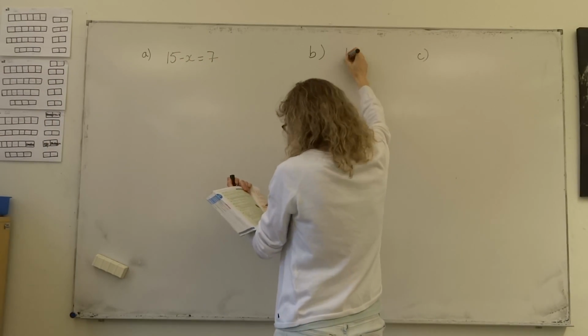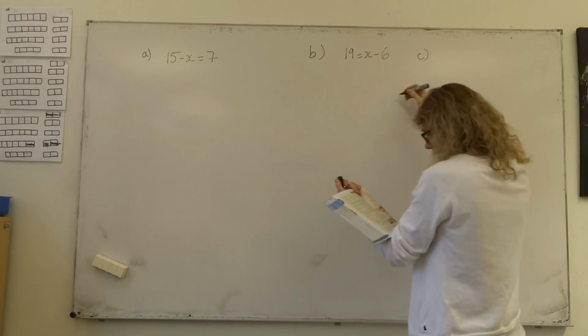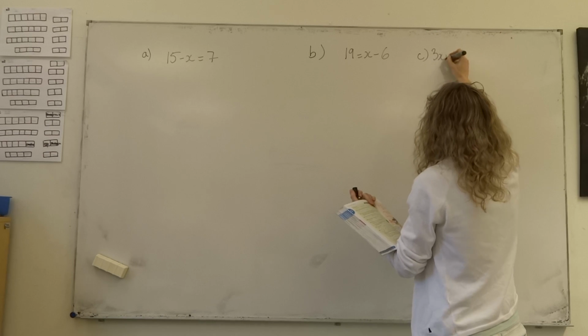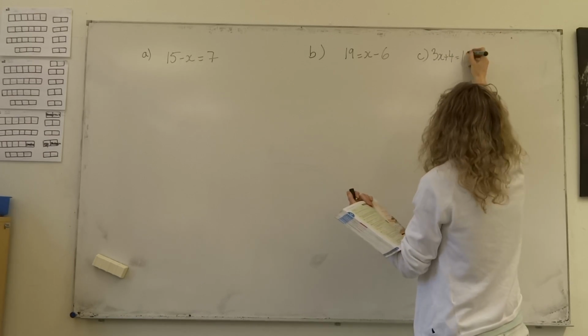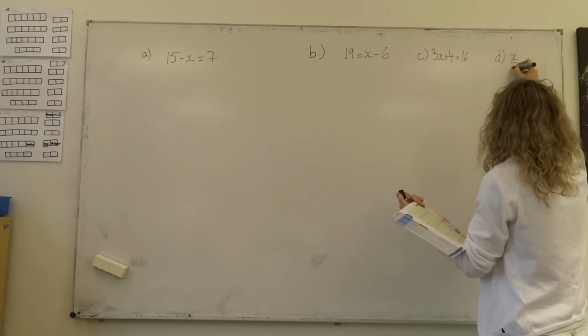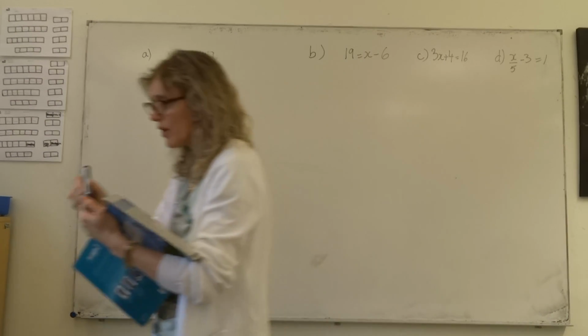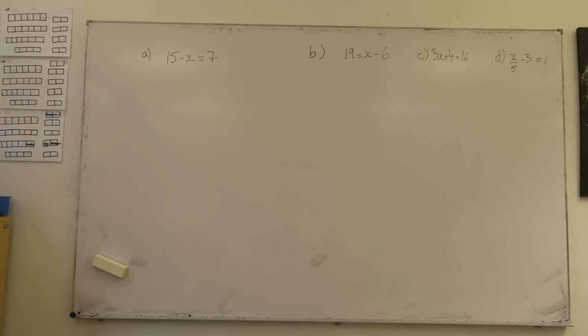Second equation, 19 equals x minus 6. And 3x plus 4 equals 16. Whoops, we had 4 equations. D. x over 5 minus 3 equals 1. So we have 4 equations to solve. Oh, goody.